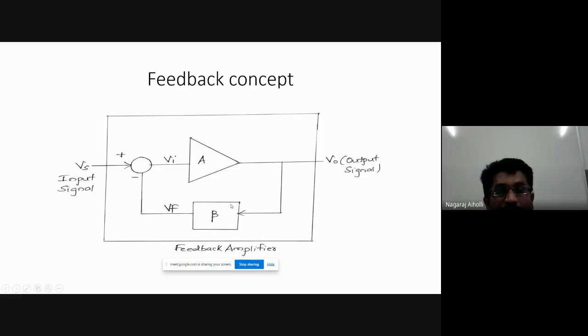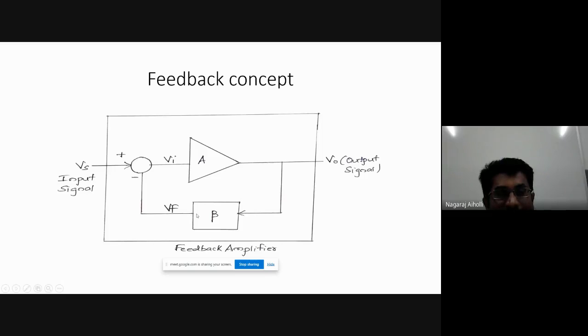There's a difference between voltage feedback and current feedback. If we are collecting the voltage from the output of the amplifier and applying it as input to the feedback, it is called voltage feedback. If you are tapping the current from the output of the amplifier and applying it as input to the feedback circuit, it is called current feedback. Now, next is what is series feedback and what is shunt feedback.